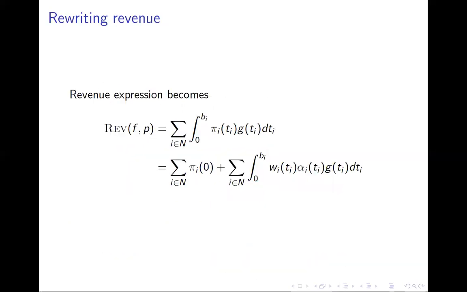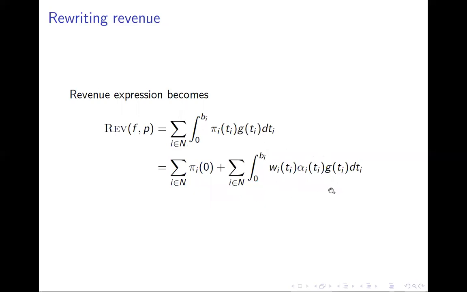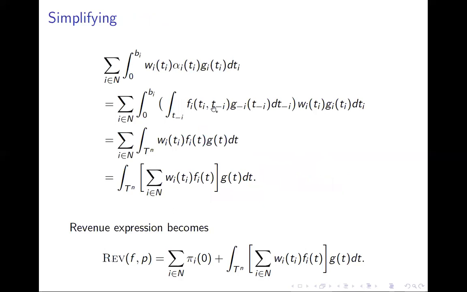Okay, so what I have done in the next slide is simplified this further. I have expanded this alpha i(ti) term. We know what alpha i(ti) is: it is this particular term involving t minus i, Fi(ti), G minus i of t minus i. I've kept the remaining Wi(ti) gi(ti) outside, and then merged these two integrals to write it in a compact way.